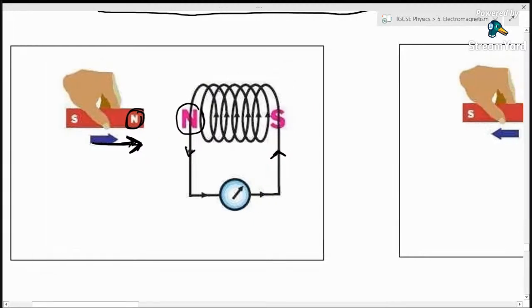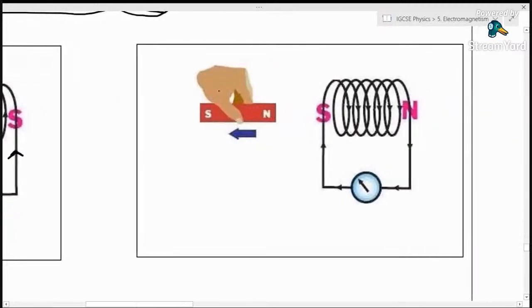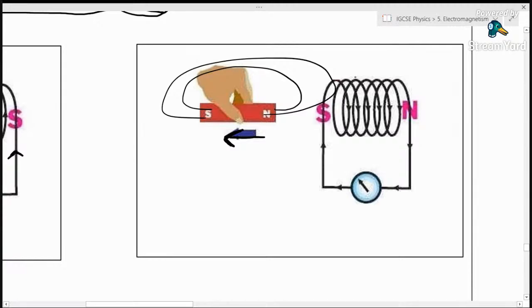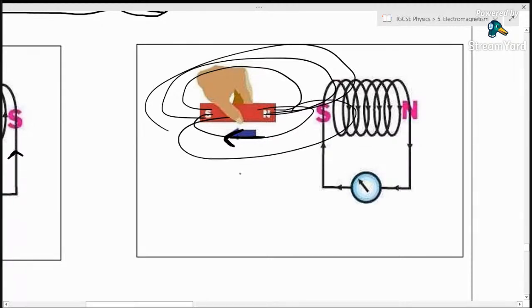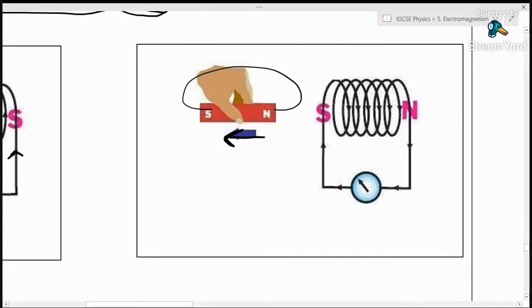So let's see another example of that. What if, instead of pushing the north inward, we were moving the north away to the left in this case? Again, you have to imagine there's a magnetic field around here that is cutting this coil of wire. So the magnetic field from this magnet is going through that coil of wire, and we're moving the magnet to the left.